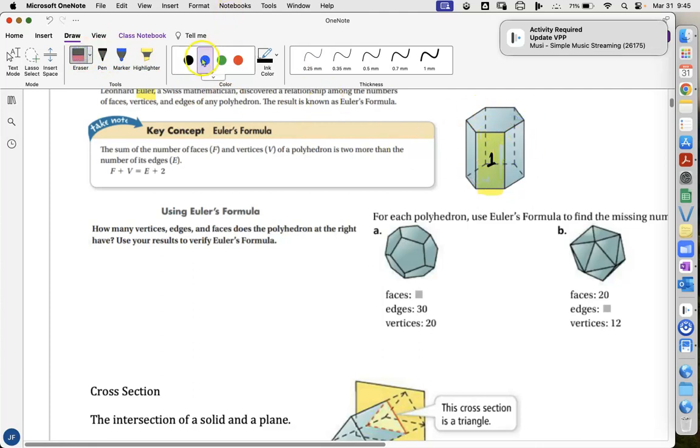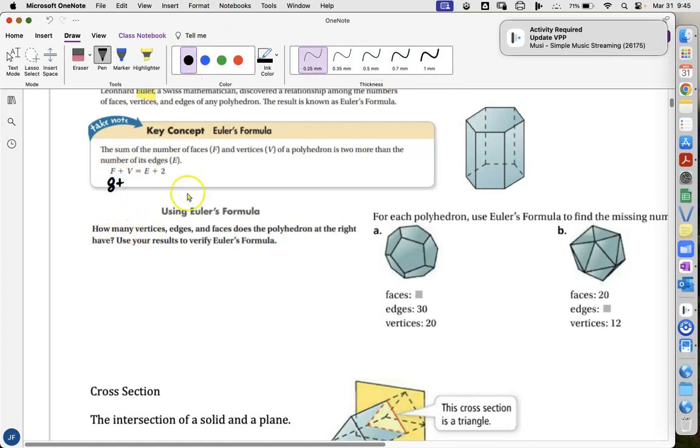Then just trace them all out. This one here as the 4th face, this one as our 5th face, and this one as our 6th face. So I've gone all the way around and counted the faces: 1, 2, 3, 4, 5, 6. Then the hexagon on top is 7, and the hexagon on the bottom is 8. So we've got 8 faces.